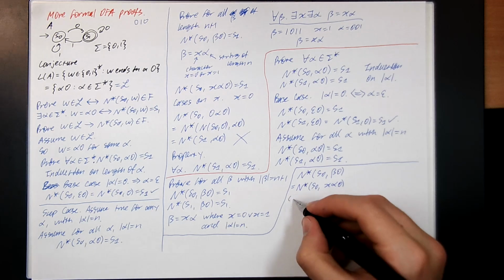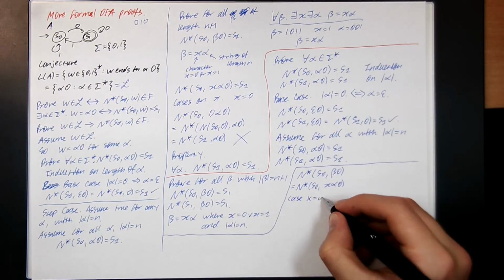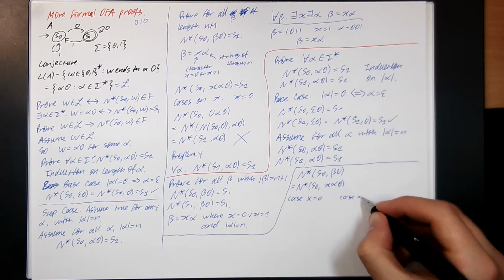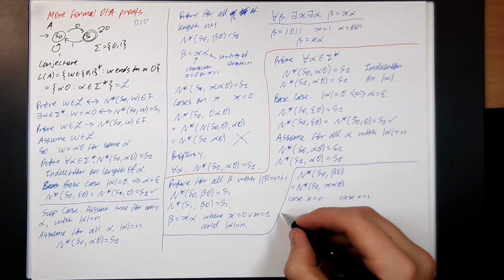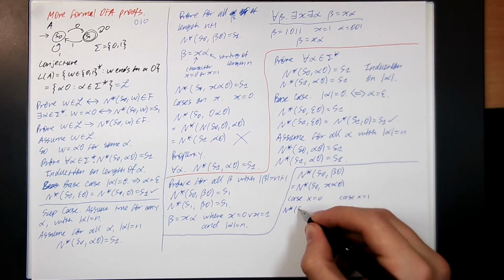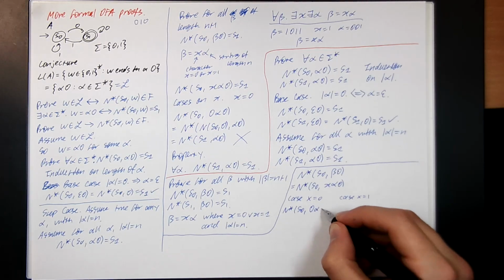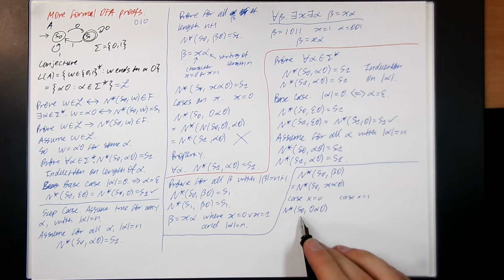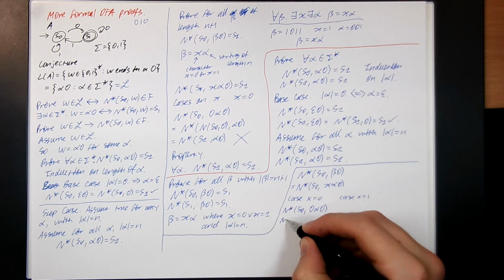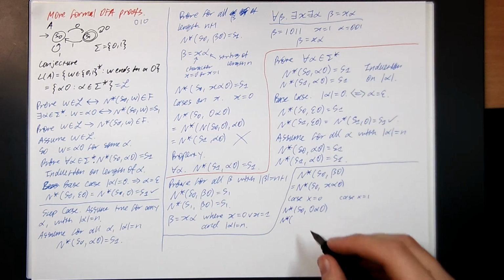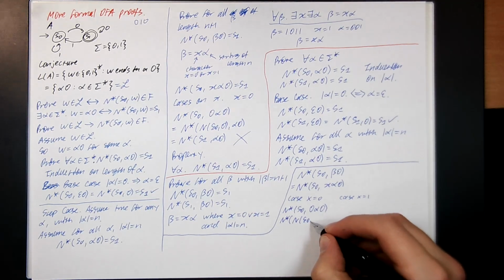Then we've got two cases: the case for x equals 0 and the case for x equals 1. If x equals 0, this becomes N star S naught 0 alpha 0. Use the definition of the extended transition function, so we can take the 0 off.